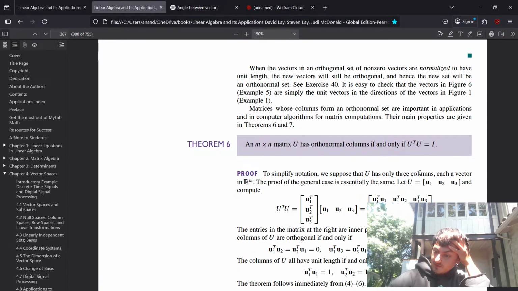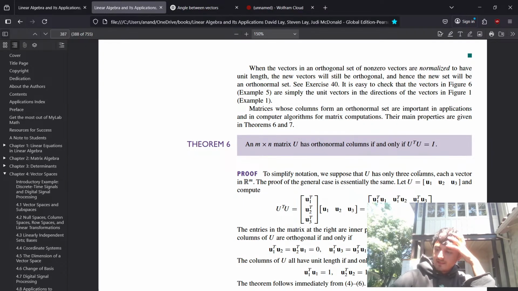First, by theorem 6 we know U transpose U equals I. And we can show that the det of U transpose U is equal to 1, which is equal to det U transpose times det U is equal to 1.